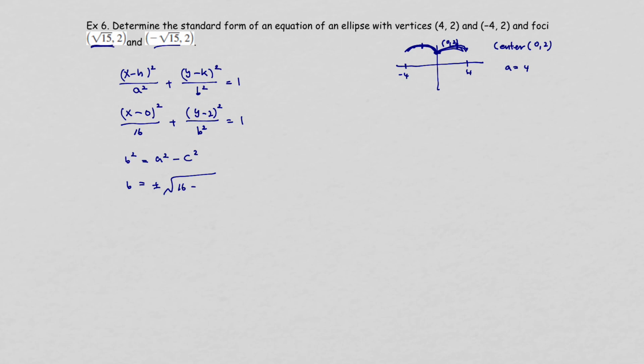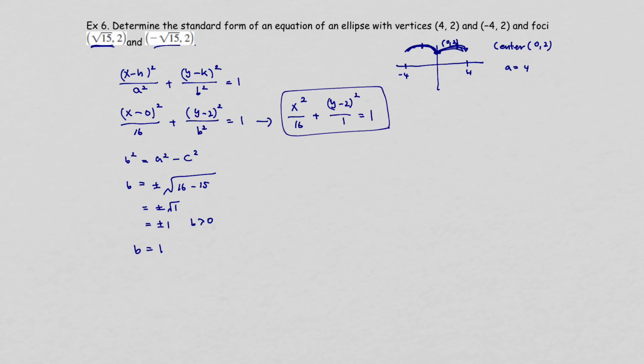So this is c, so when you square it, it will be just 15, which is plus minus square root of 1, that is just 1. And your b has to be greater than 0, so you're going to use b equals positive 1. That means from here, we can get your b value 1. And that will be the equation we're looking for.